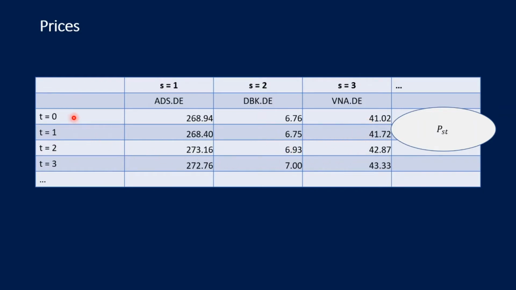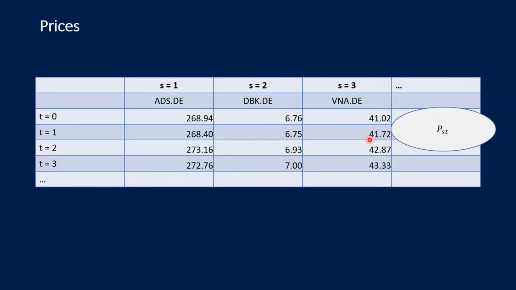And we see the days. T is 0, T is 1. Of course we can put a date here, but we need to denote the time as T. And we need to denote the stock with an S. S is 1, S is 2, S is 3, so that we can use different stocks here.